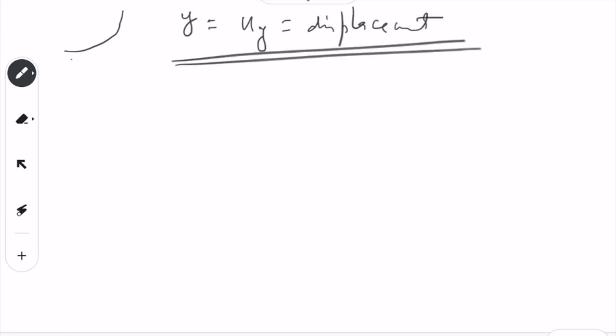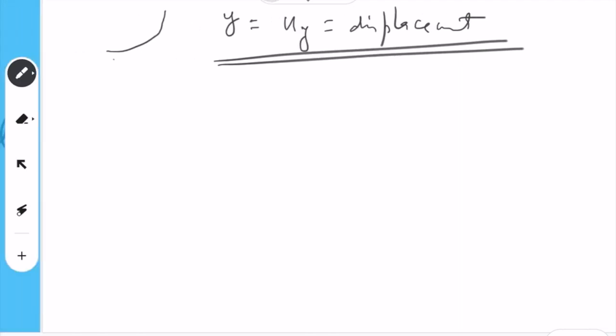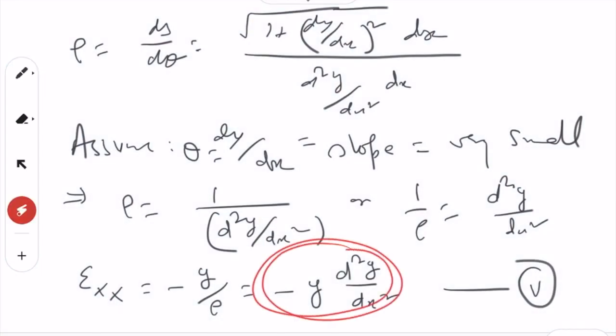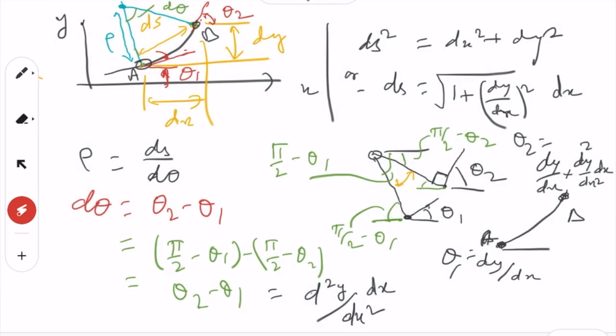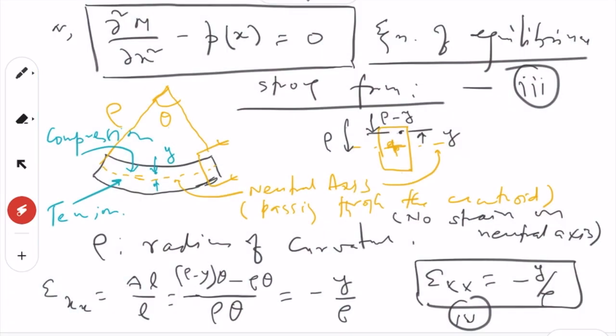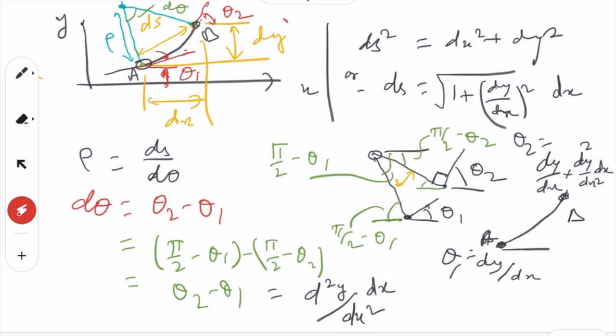The y variation here is because of displacement only, otherwise there is no variation. So displacement y equals uy only. There is another confusion, that this y and this y are different. Remember, this y tells you the distance from the neutral axis. This other y is basically the uy. So maybe I correct it here, this is uy.